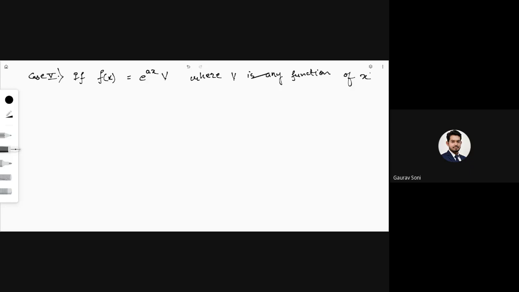This is a very important rule, which is also called exponential shift. Exponential shift.